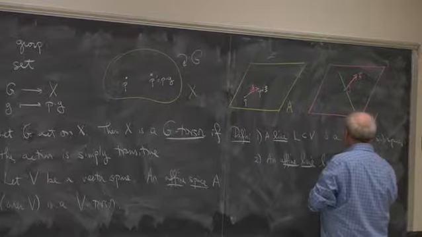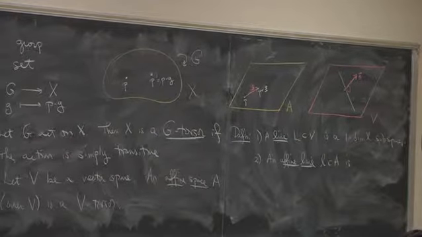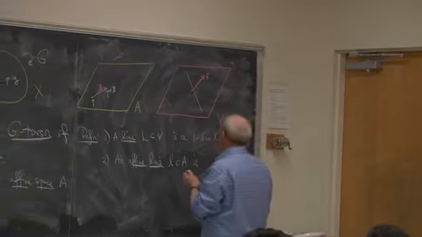An affine line L in A is, as you said, the orbit under the action of the elements in that subspace.